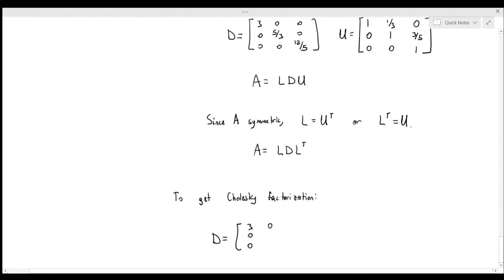And because our matrix was positive definite, the diagonal entries of this matrix D are all positive.